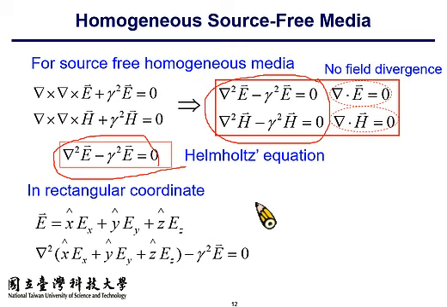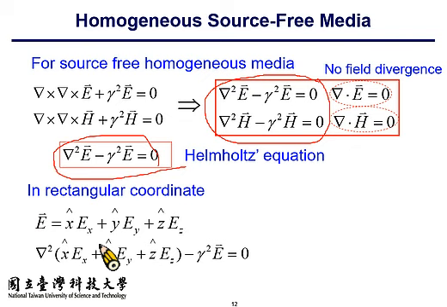Here we would like to introduce the solution for the wave equation in rectangular coordinate, in Cartesian coordinate. So let's take a look at the field representation in Cartesian coordinate.